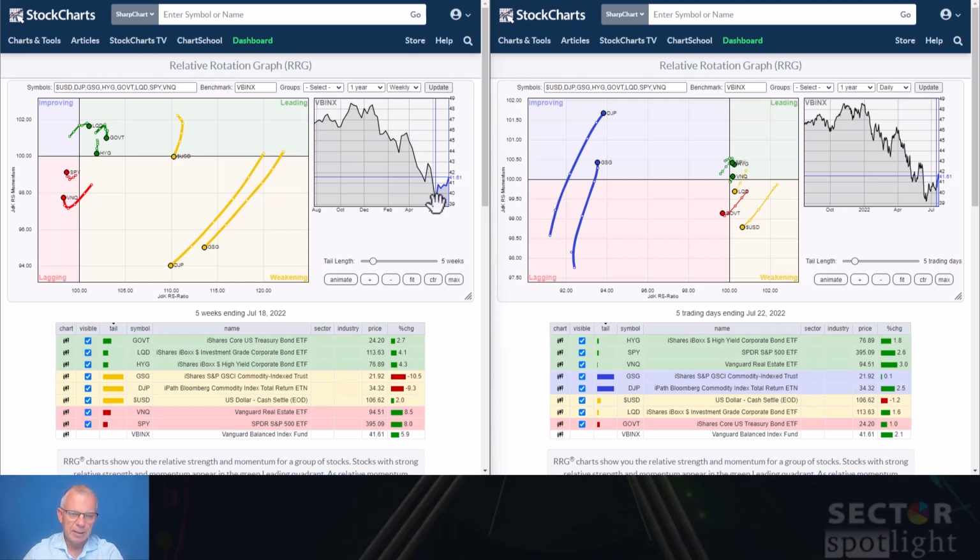Compare that with the weekly tails on the right. They're still at very high levels, so there is plenty of room for both weekly tails on GSG and DJP to curl back up while inside weakening, meaning that they can complete the rotation on the right-hand side, underscoring the strong relative trend that commodities are currently going through.